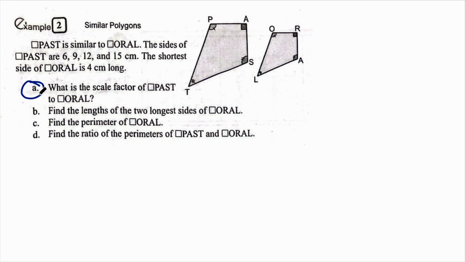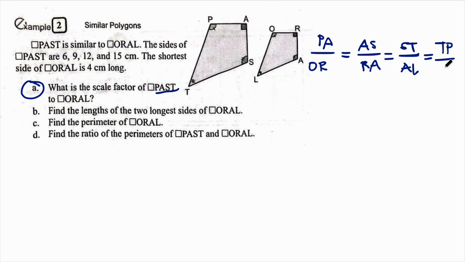So the first question would be, what is the scale factor of these polygons PAST and ORAL? Let's establish the definition that PA over OR is equal to AS over RA. So we have ST over AL, also equal to TP over LO.